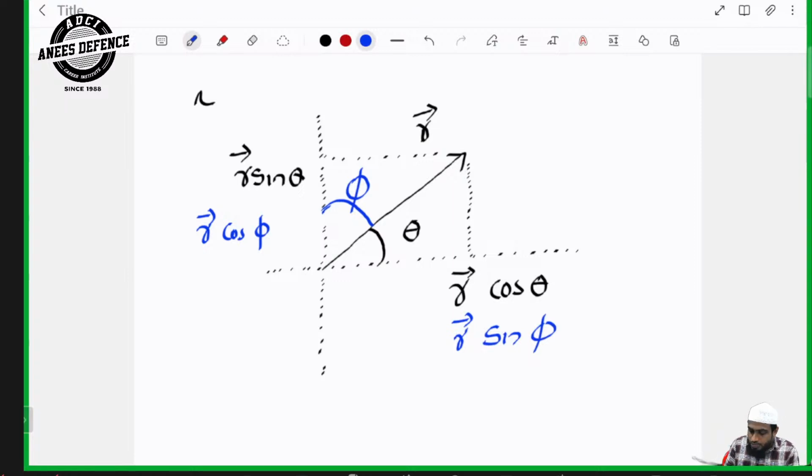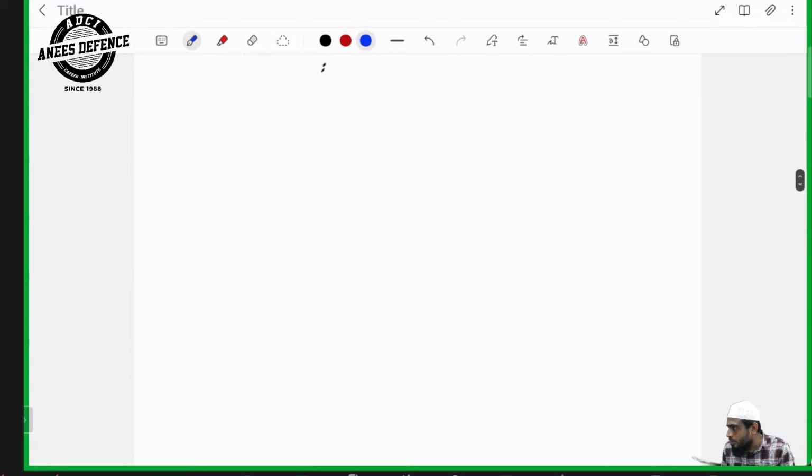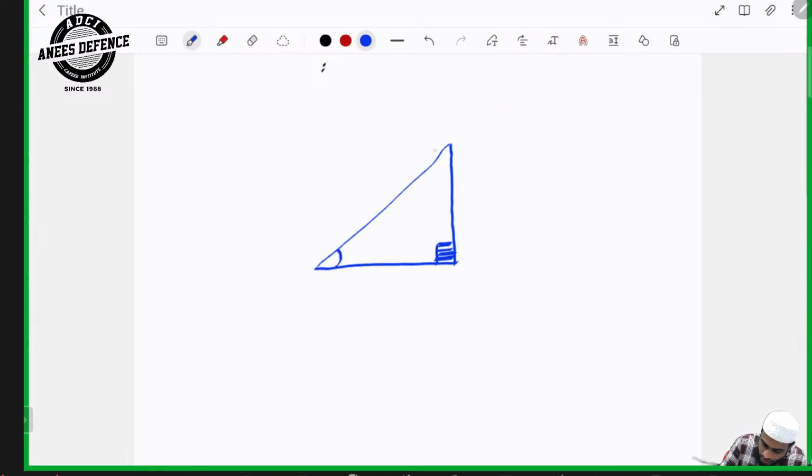How did it come? Normal right angle property. You can see this is a right angle, this is 90 degree. If this is our vector R, and this is theta, then along with the theta, it should be cos theta.